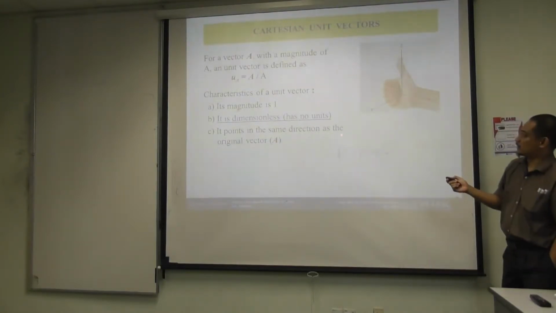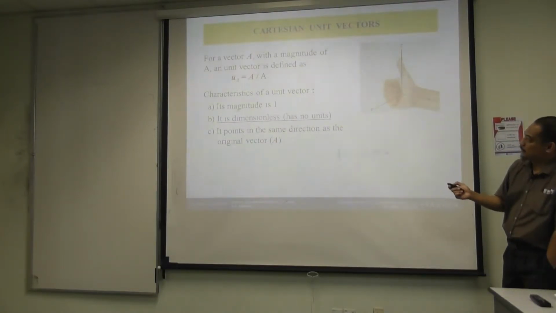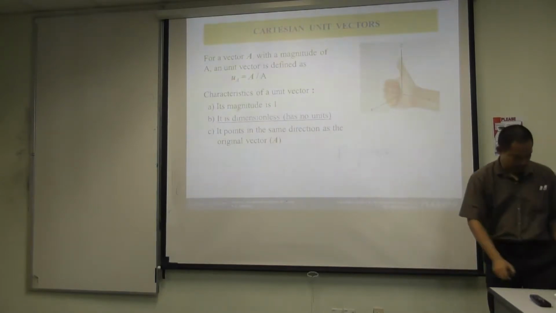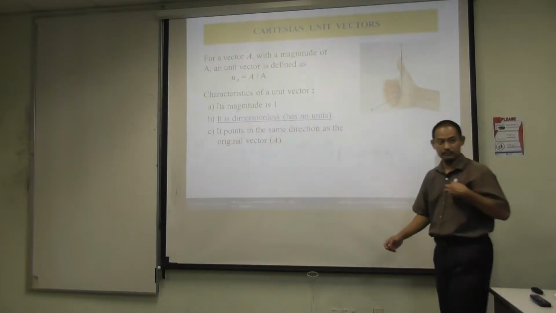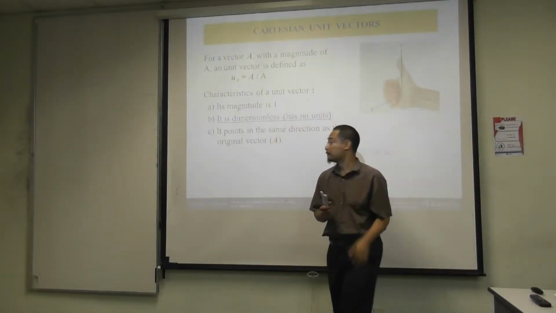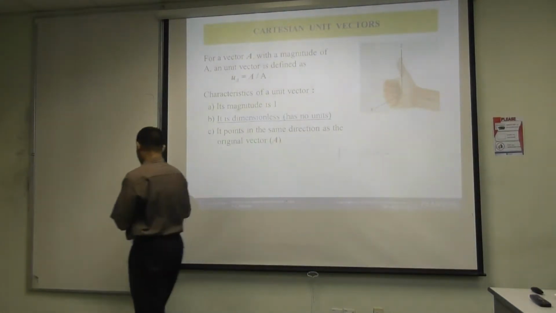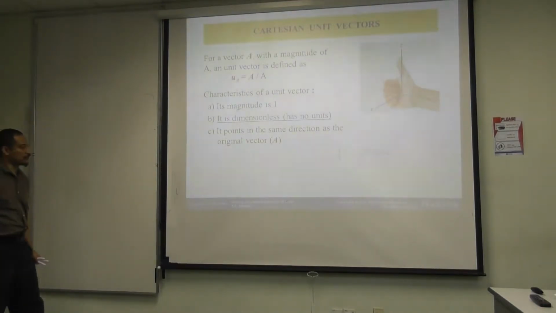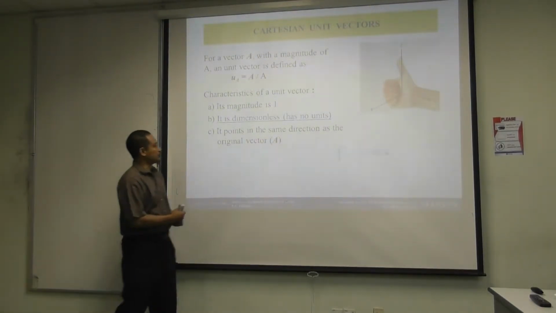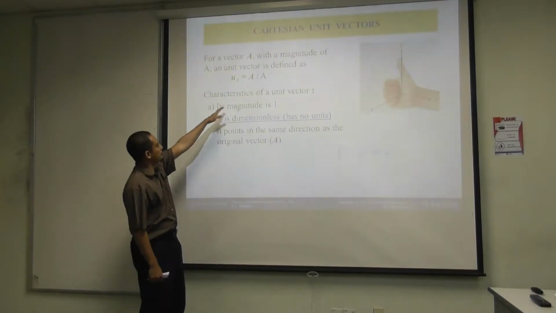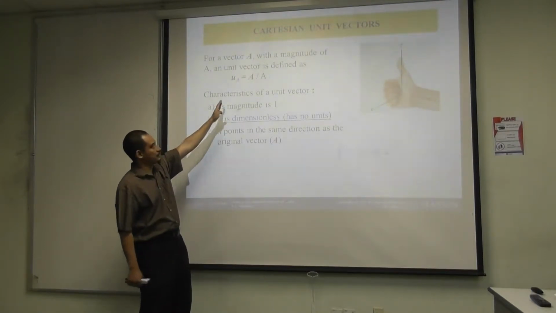But the thing that is introduced here is the unit vector. You have learned about unit vector before? Yes or no? So a unit vector is a vector. Of course, I would like to remind that the way it is noted here, because it's bold and italic, means it's a vector.